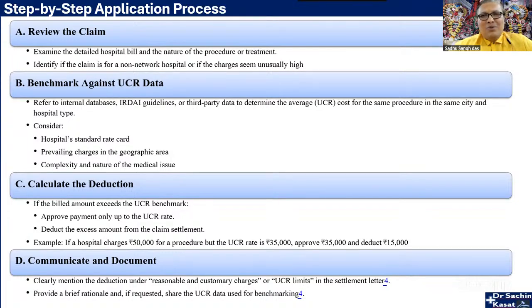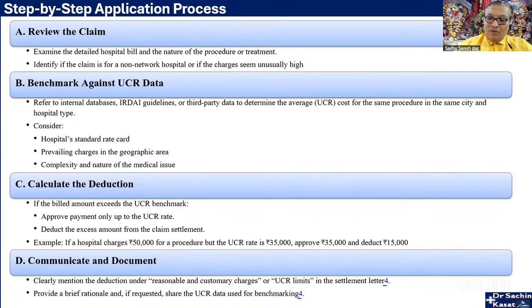And we come to know, okay, this is within the general range, or there is something emergency or extraordinary for which something more will be required. And once we rule out that extraordinary part, once we know it is not an outlier, then we see if the claim is from a non-network hospital and the charges are unusually high.